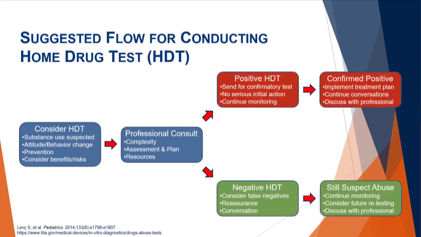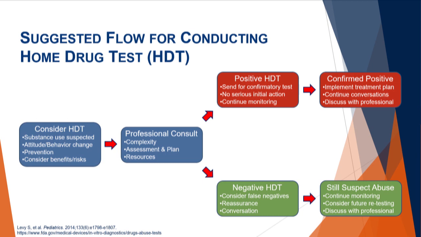But go ahead and have follow-up conversations with your adolescent or family member and continue to monitor for suspected behavior and continue to look for signs of substance abuse, and you can consider retesting in the future. With all of these steps, make sure again to consult with your healthcare provider.